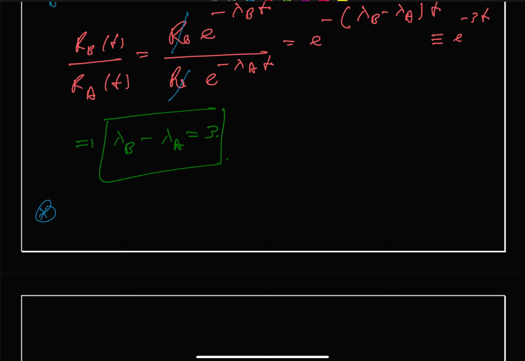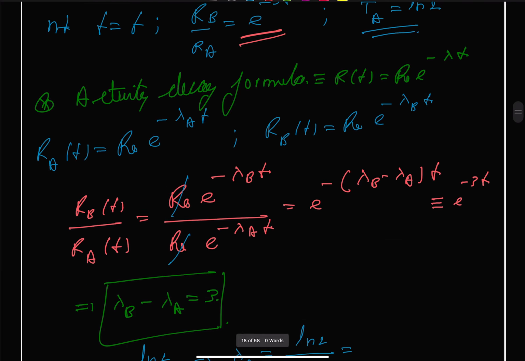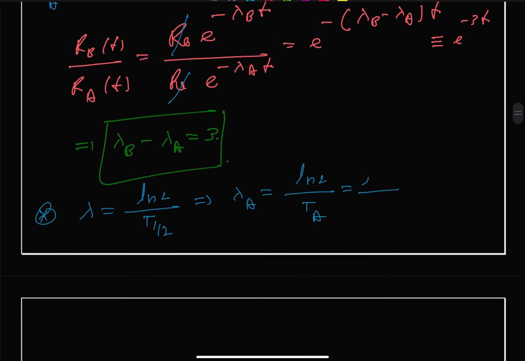So we can say that lambda, our standard formula, is natural log of 2 divided by t half. So from here we can write lambda A is equal to natural log of 2 divided by half-life of A. The half-life of A is given as natural log of 2. So this becomes natural log of 2 divided by natural log of 2. It cancels out, it comes out to be 1. So lambda A is equal to 1.